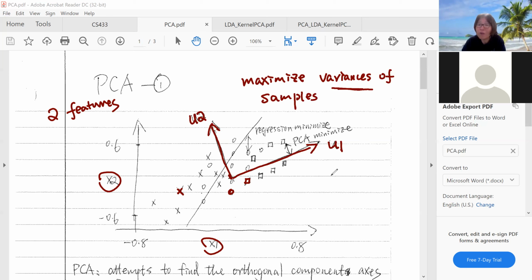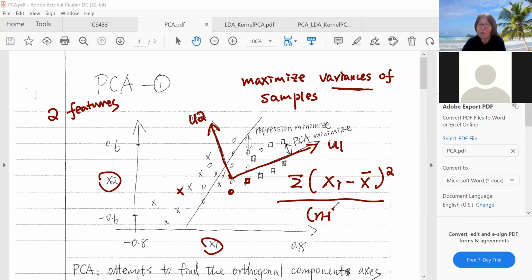So what is the variance of the samples? It is any sample minus the mean, and then you square it, you add all of them together, and you divide by the total number of samples. This is the variance.